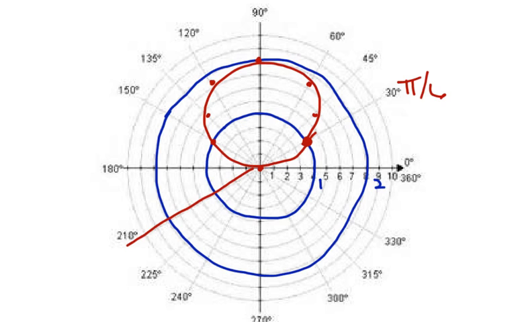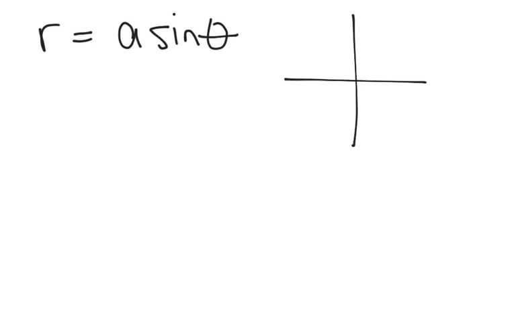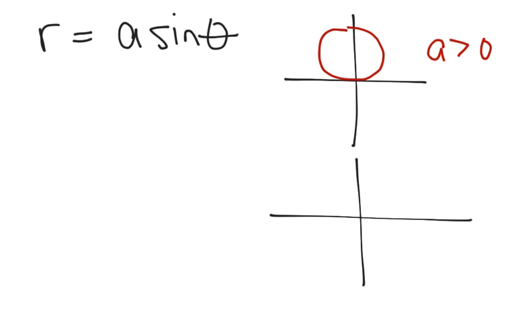Well, that's kind of interesting because now we're going to talk about a pattern about graphs of r equals sine theta and r equals cosine theta. For r equals a sine theta, the graph you're going to get will either be a circle above the x-axis if a is positive, or a circle below the x-axis if a is negative.